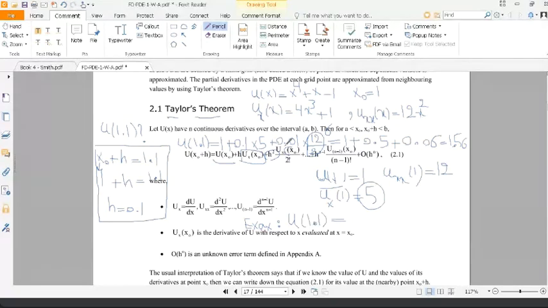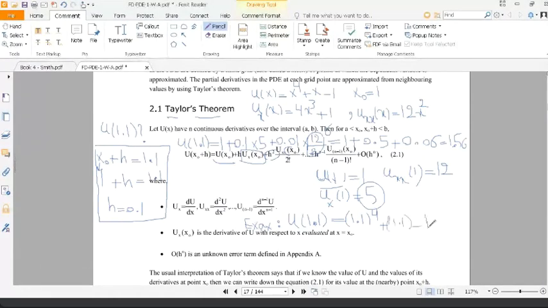Then I compute 1.1 to the power 4 plus 1.1 minus 1.